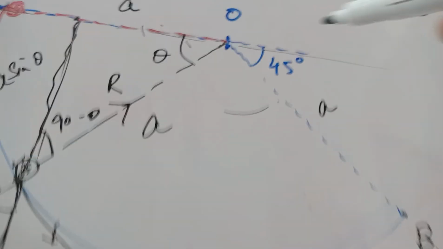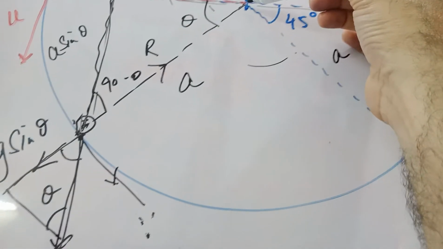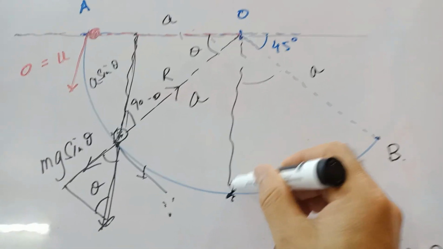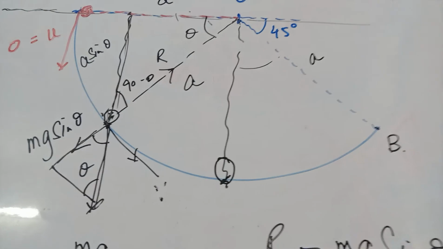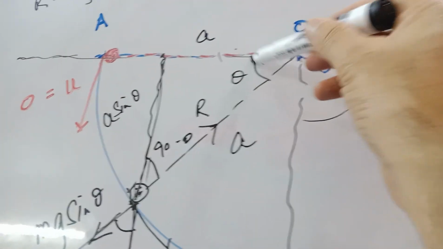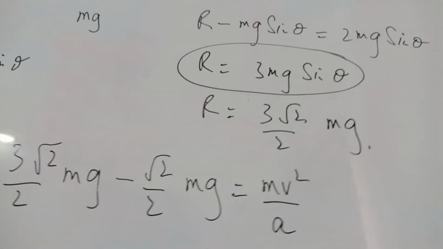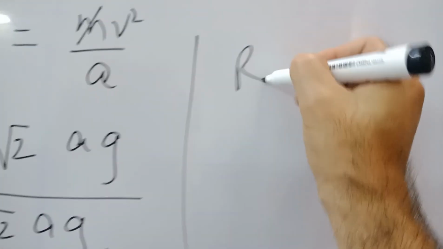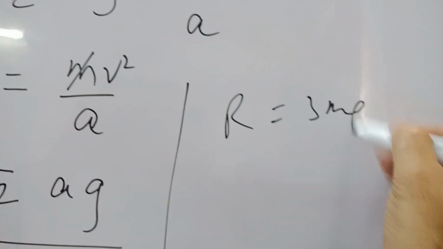When the object reaches here, R will be greatest because this angle is a right angle, 90 degrees. So if you put sine theta as 1, the greatest R would be 3 mg.